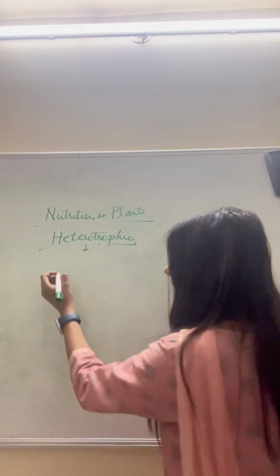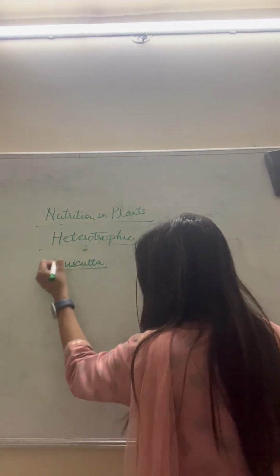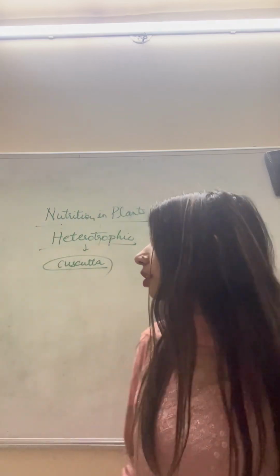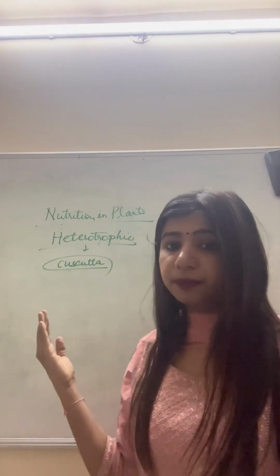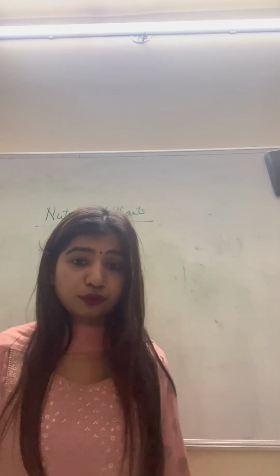An example is a plant called Cuscuta, or Amarbel. You must have heard about this plant. This plant doesn't have chlorophyll pigment, that's why it is not able to produce its own food.